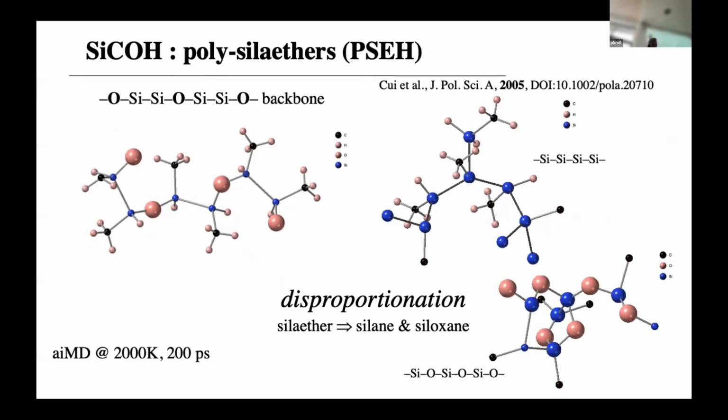Polysilyl ethers, you basically see that the backbone is something like a mixture between a polysilane with Si-Si-Si bonds and a siloxane. Once in a while, you have an SiO bond included as well. Yes, some Chinese have done this 20 years ago, and you always find one or the other paper every 5 years. The good thing in this is they disproportionate after some time, even in the computer at relatively low temperatures. For our purposes, relatively low temperatures.